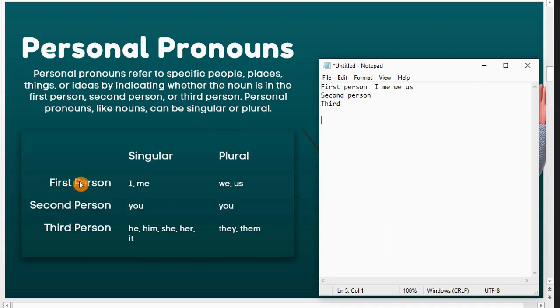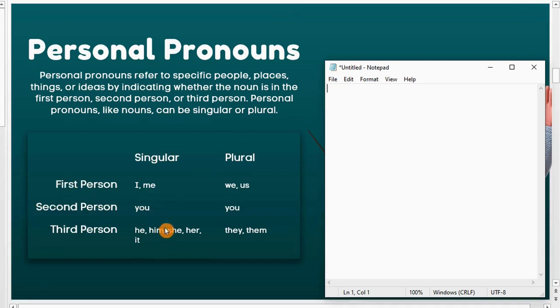So first person, second person means talking about you, and third person means talking about a third person. Now we will move to the next slide.